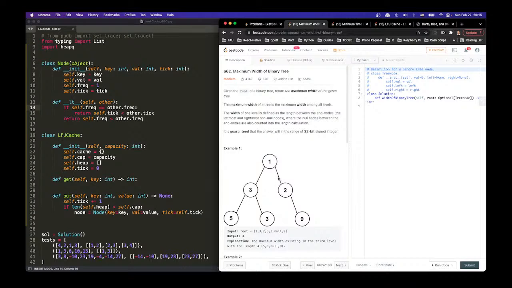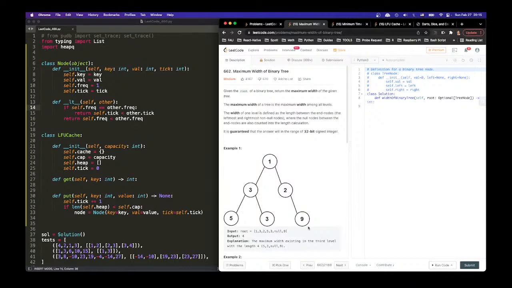Well, in this case, the left has some, but I don't know if it's the leftmost, right? This is the decision I have to make for each root. I have a left and right, and I know they will branch out. So the question is, what is the leftmost on this?